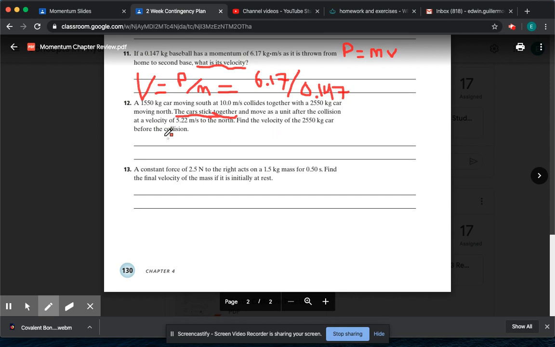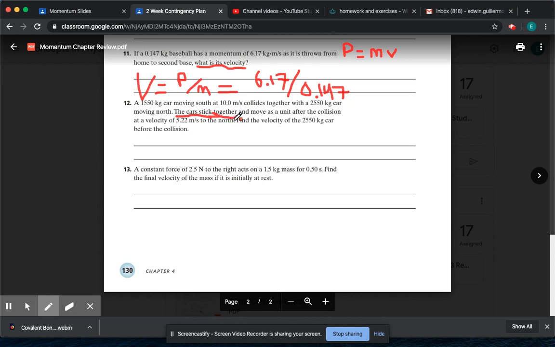I'm going to call the first car car 1. So the 1,550 kilogram car, that is car 1. I'm going to call the 2,550 kilogram car car 2 for our purposes. So this is car 1, this is car 2.